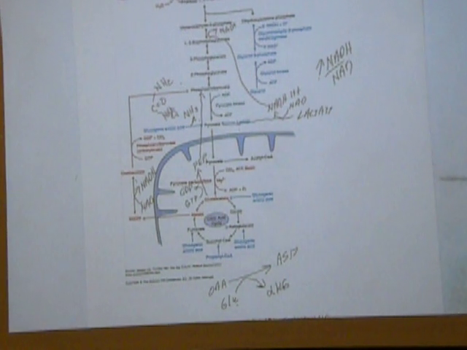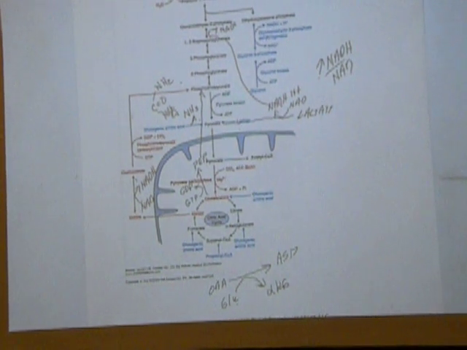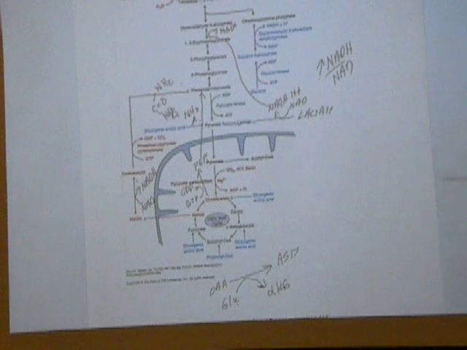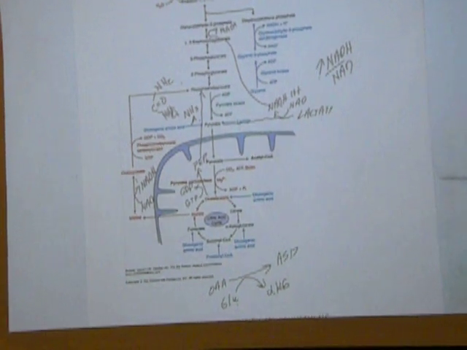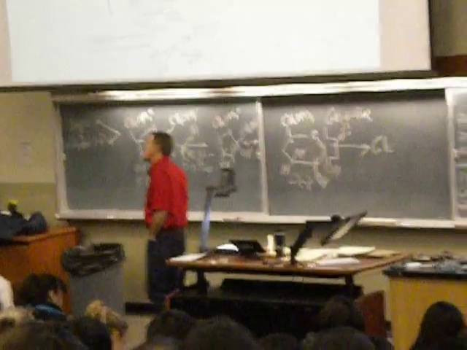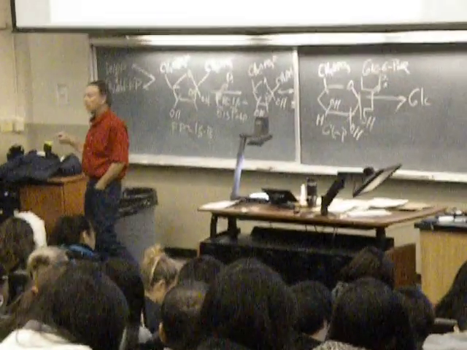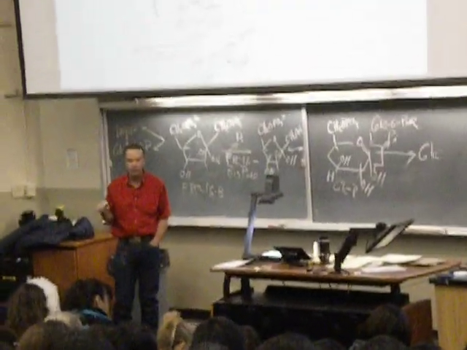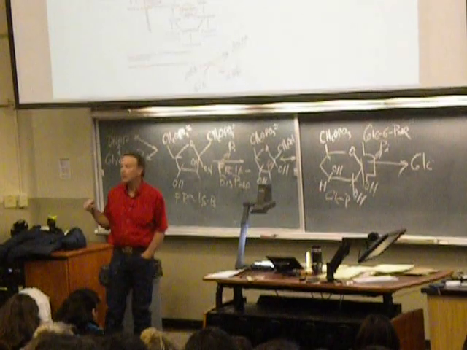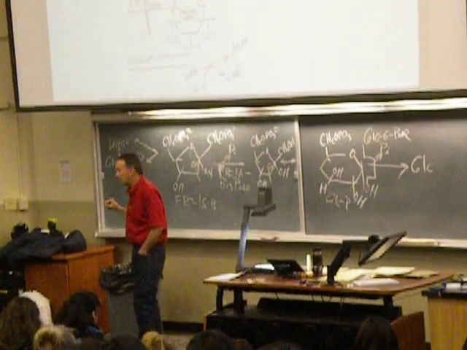Some control notes you should make. Pyruvate carboxylase. We have two regulatory enzymes in the body that don't function. They are turned off without an activator. One of them is pyruvate carboxylase.